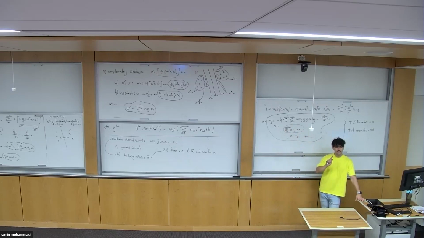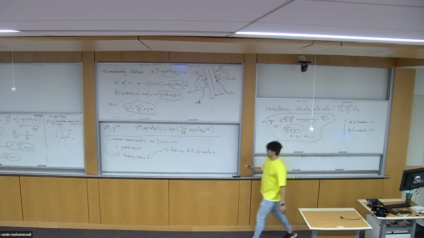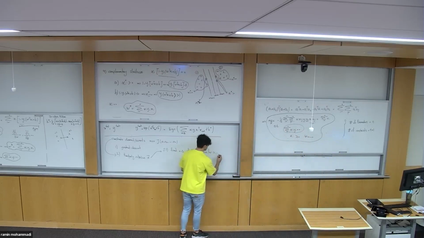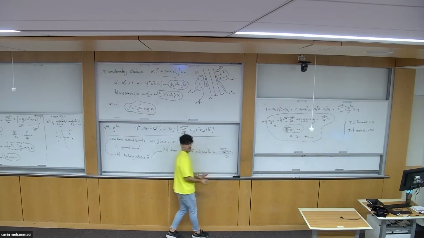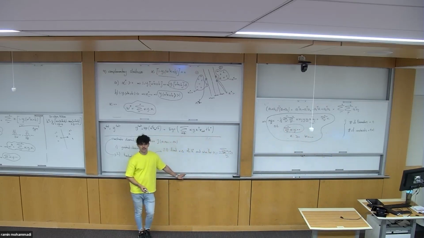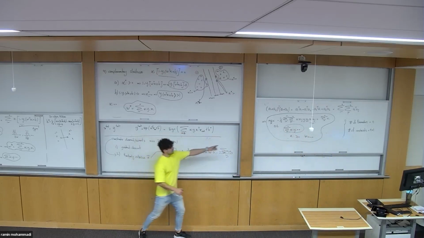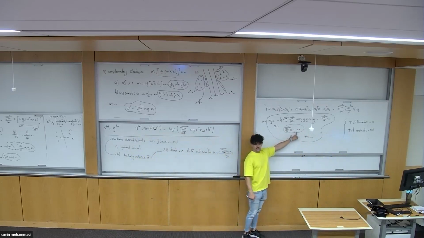I have all alphas, one is missing. That means that alpha i becomes minus the summation of alpha j yj when j is not equal to i, divided by yi. Correct? Because again, the summation of alpha i yi equals 0.